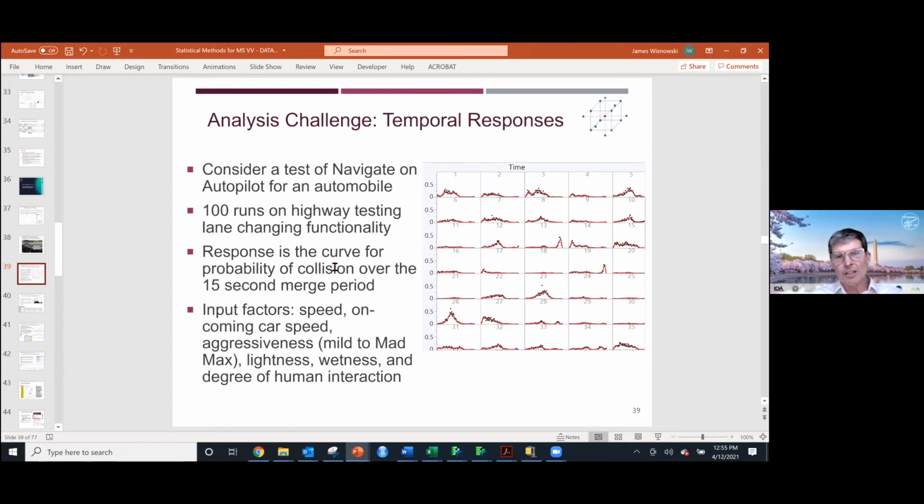Clearly, I could say at the 6-second mark, what is my probability of a collision? And I could do the standard analysis that we do for DOE. But I want to know over the entirety of the epoch of the 12 seconds. That's the question of interest.